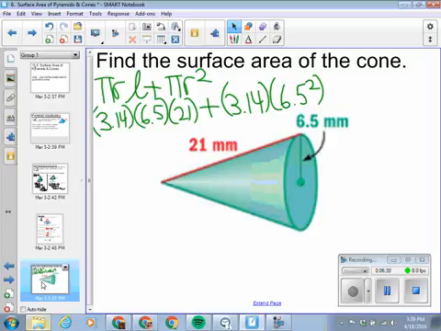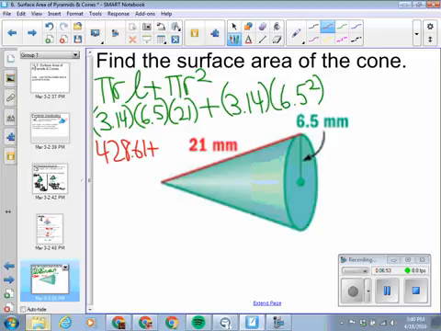Bear with me, I'm going to do it on my calculator here. The first part will end up being 428.61 millimeters. I'm trying to write fast, look back and forth, excuse the mistakes. And then we're going to take pi times 6.5 squared.